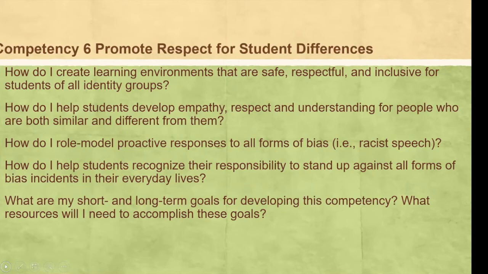How do I help students recognize their responsibility to stand up against all forms of bias incidents in their everyday lives? I'm not promoting this stuff as easy or one size fits all, or as something where I can say, oh, listen, I can do this in my sleep. This requires work, this requires reflection, it requires personal growth and a personal commitment to being uncomfortable sometimes.